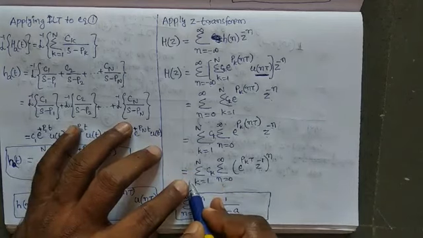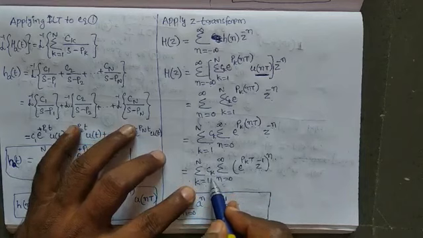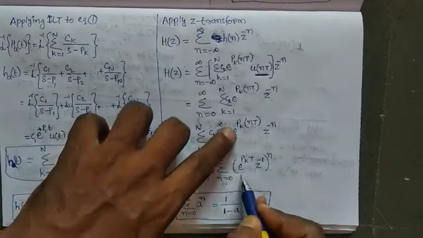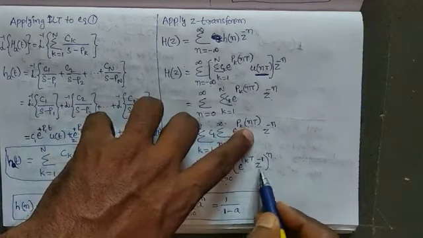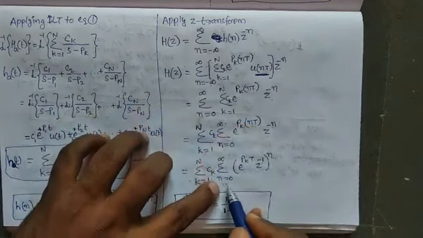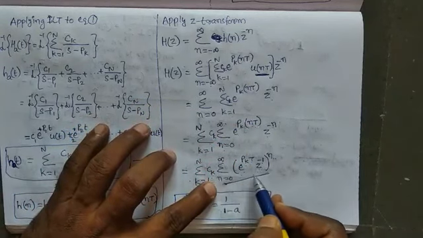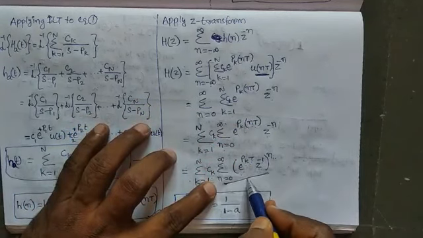This is equal to summation k equal to 1 to N ck summation n equal to 0 to infinity e power pkT z power minus 1 whole power n. Observe this one: summation n equal to 0 to infinity a power n form.